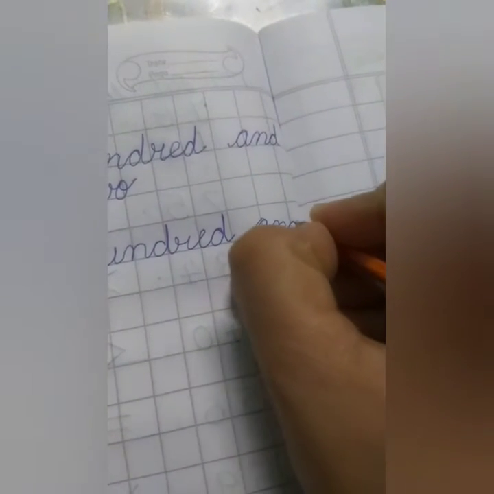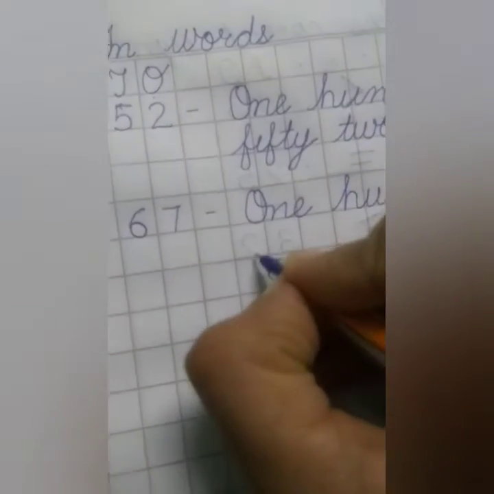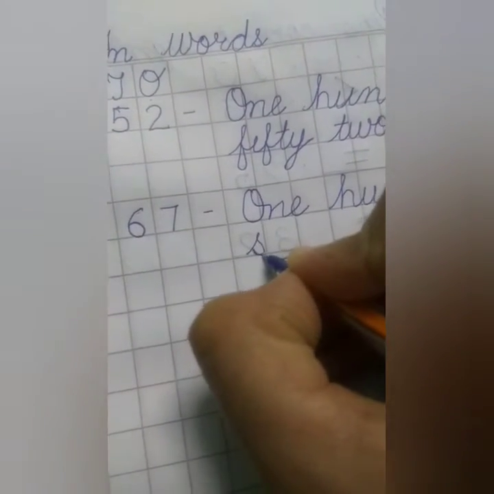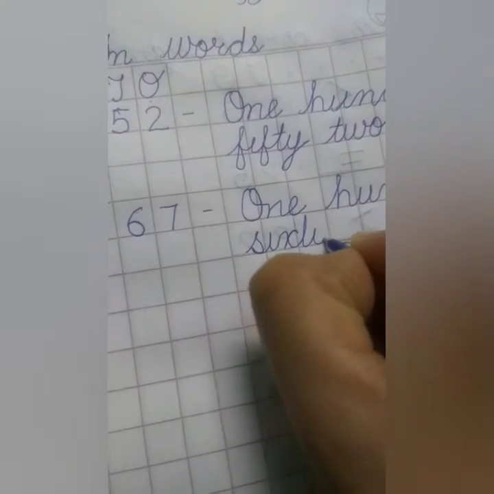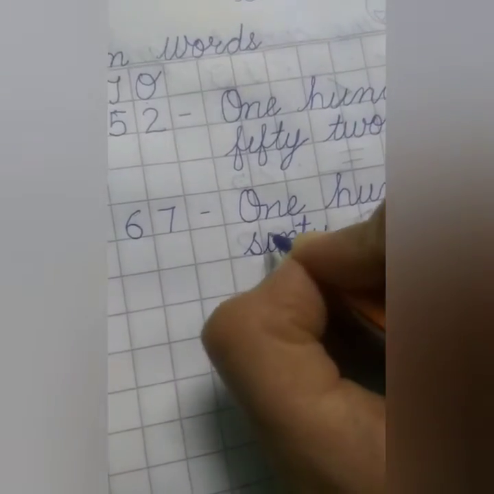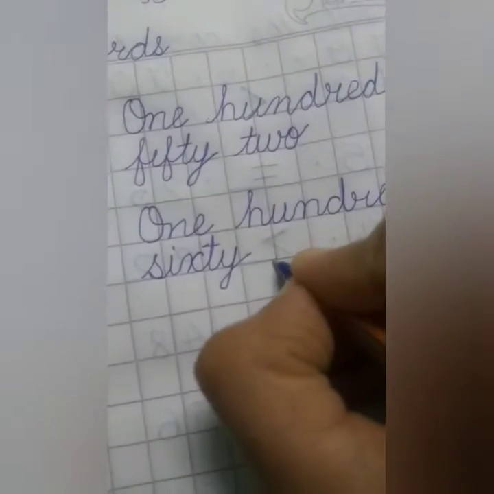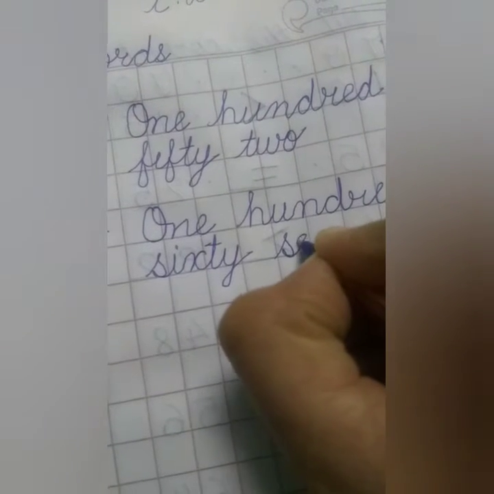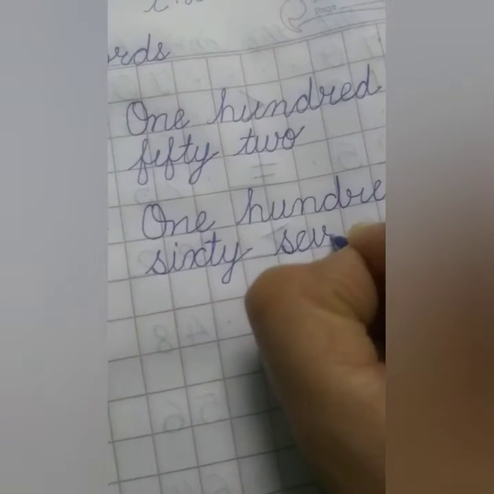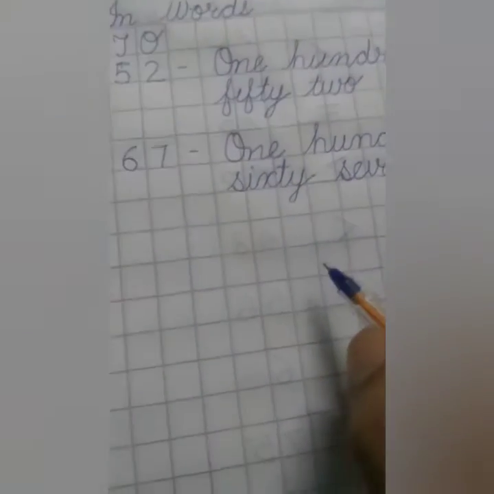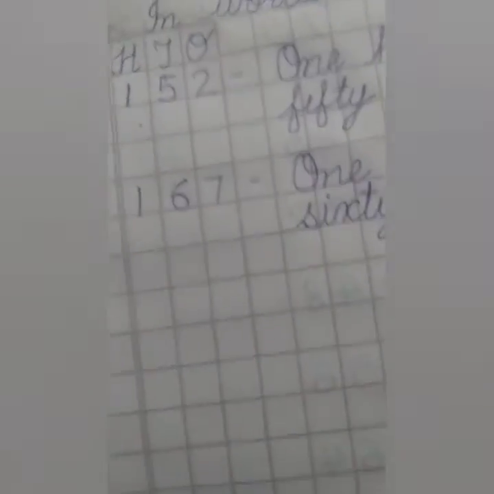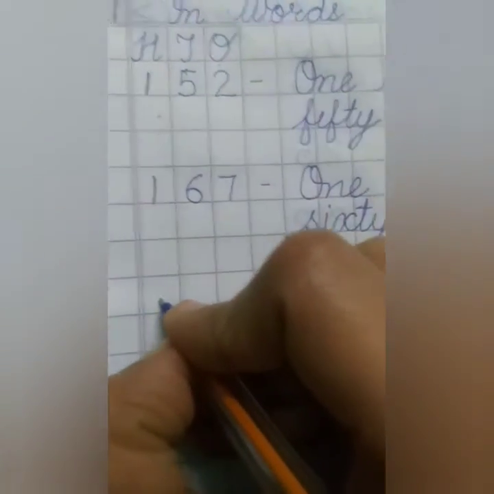And after 100 and, what do we write? 67. What is the spelling of 60? SIXTY. What is the spelling of 7, children? SEVEN. 167. Children, say with me.